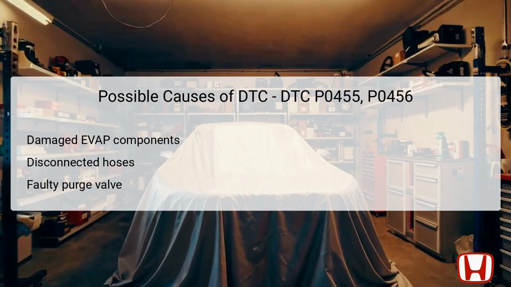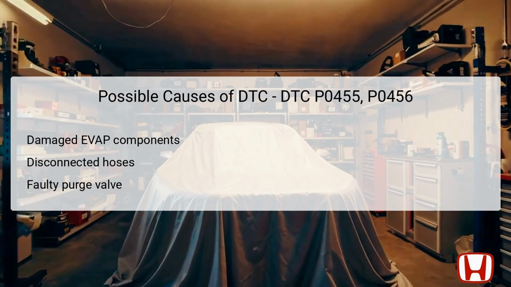Several underlying issues may cause the DTC P0455 or P0456 to trigger. First, damaged components within the EVAP system, such as cracks in hoses or seals, can result in significant or minor leaks. Next, disconnected or improperly attached hoses can fail to maintain the necessary pressure, leading to erroneous readings from the FTP sensor.